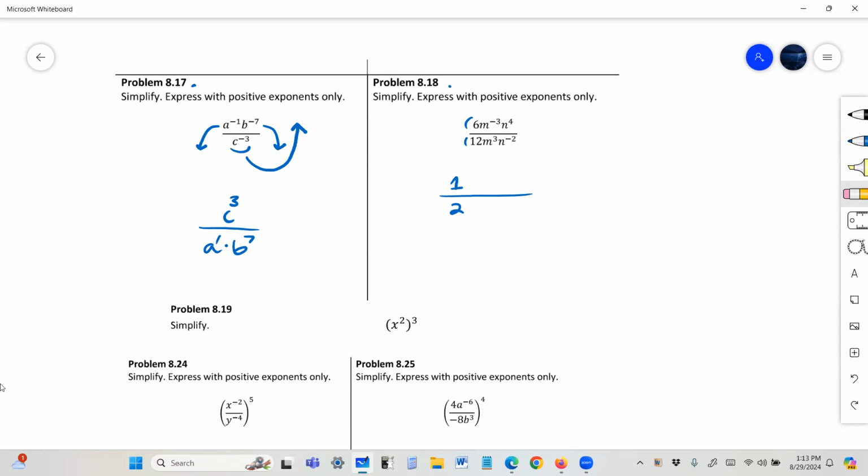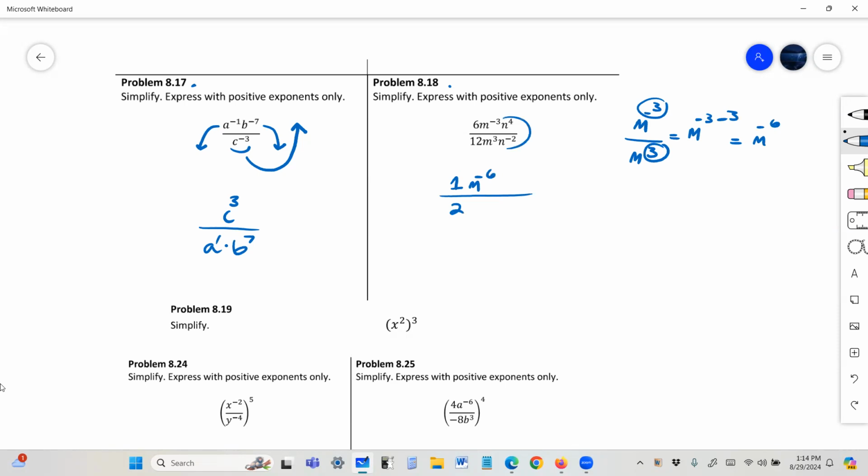Now I have, I can write it here on the right for you to see, m to the minus 3 over m to the third power. This is the quotient rule, right? So be very careful. So this is this exponent minus this exponent. So minus 3 minus 3, minus 6. So in the numerator, I have m to the minus 6.